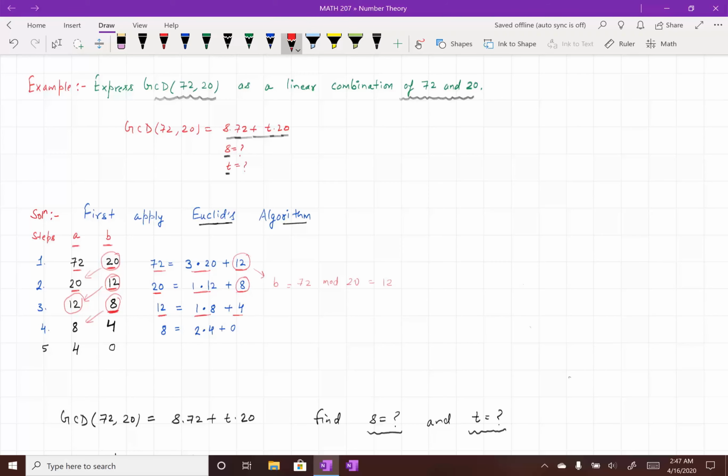The next value of A is 8, and from this remainder your next value of B becomes 4. Again you check the value of B, and since you have A as 8 and B as 4, 8 can be written as 2 times 4 plus 0. So the remainder in this step is 0. Next, A is 4 and B is equal to 0, and once B becomes equal to 0, you stop there.